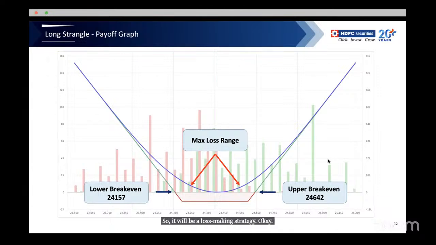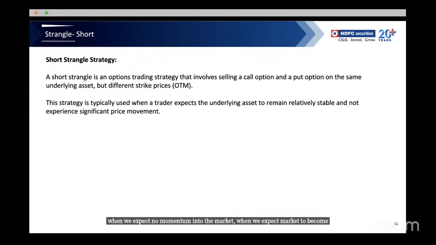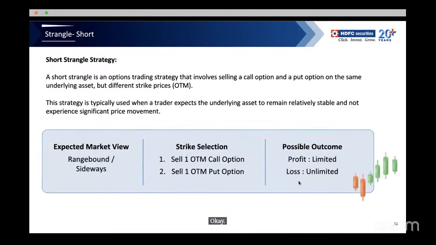Okay, now let's look at the short strangle as well. Now the short strangle is similar to the short straddle, just that we build it in OTM strikes. Okay, so when do we choose the short strangle? When we expect no momentum in the market, when we expect the market to become range bound or consolidating. Okay, now which strikes?